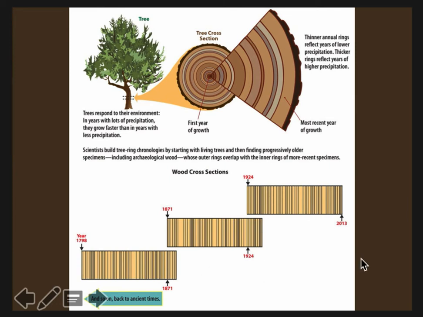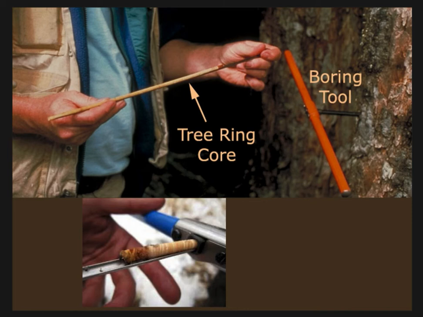And sometimes the way this is done is by taking very old trees and boring a core into the tree so the tree is not harmed in any way, and then taking that core out, now you've got a record of the rings there.